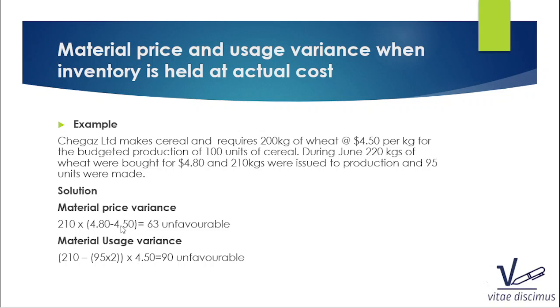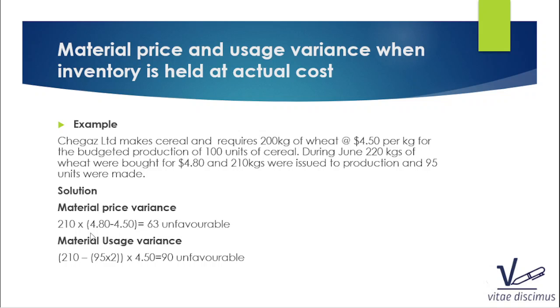The difference is 30 cents per kilo times the 210, which gives us an unfavorable $63. Note that we are using 210, which is the issued, not what was purchased, because at purchase there is no price variance, but the price variance arises when we issue to production.